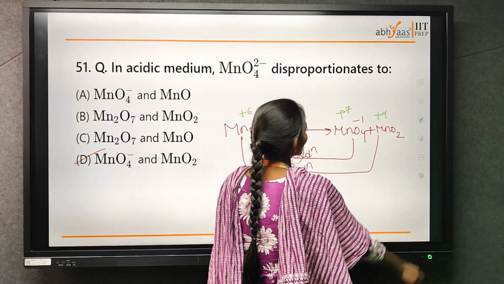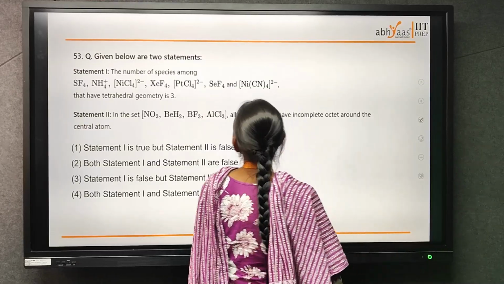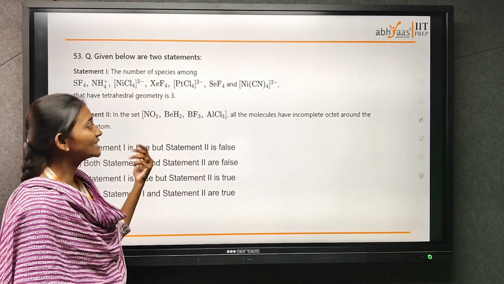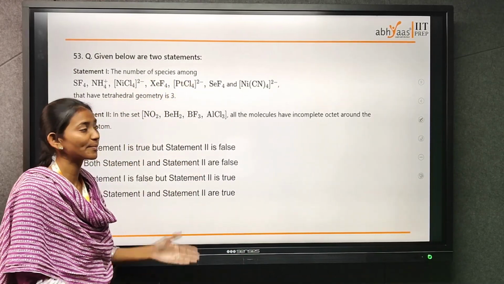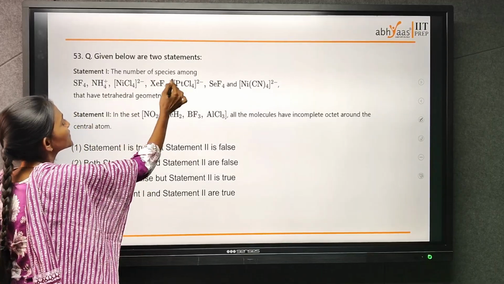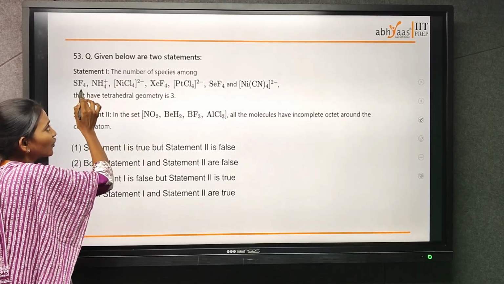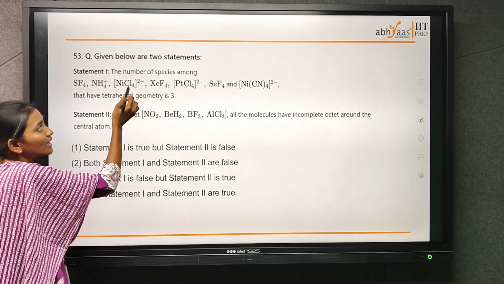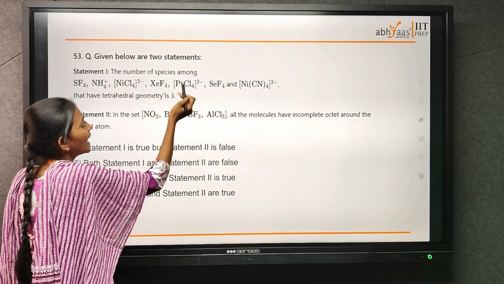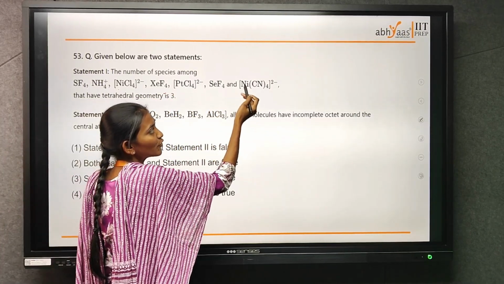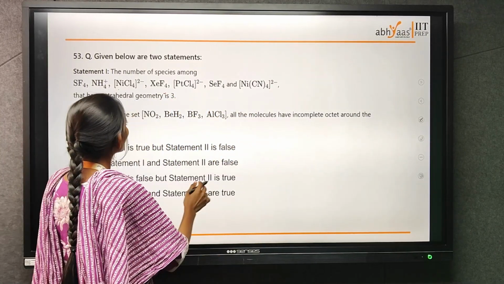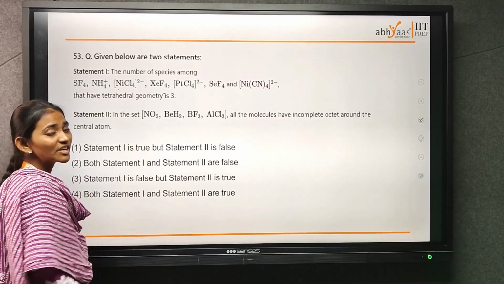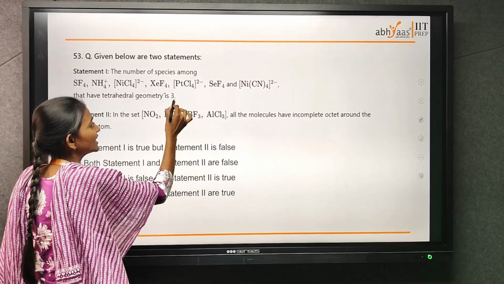Moving on to the next question. Given below are two statements, which come from a statement-based question from NCERT. The number of species among SF4, ammonium and nickel chloride, XeF4 and platinum chloride, SeF4 and nickel cyanide having tetrahedral geometry is said to be 3.